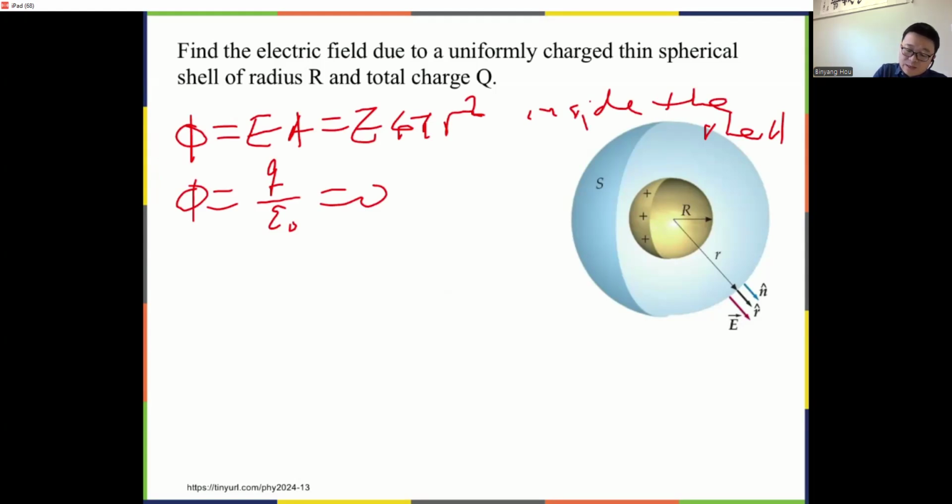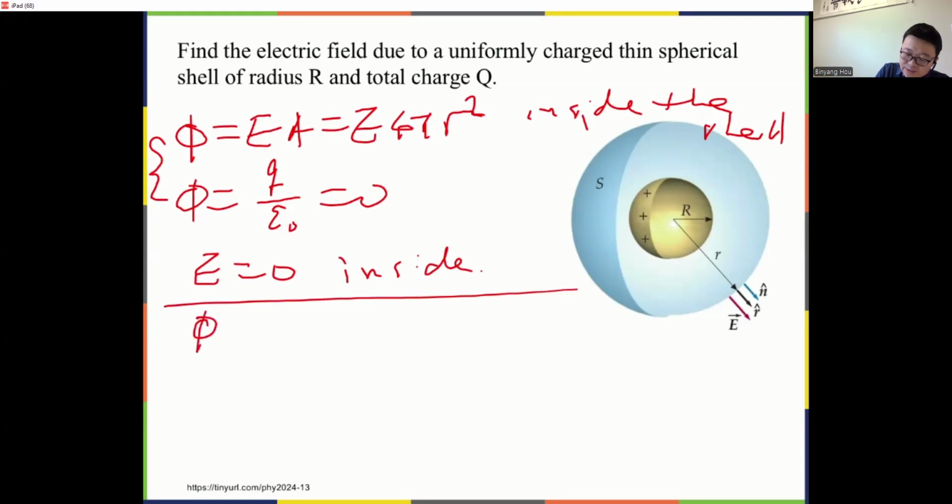So combining these two, E field equals 0 if you are inside. If you are outside, you can draw a spherical Gaussian surface like this. This will be similar to what we saw earlier. You do the two ways of calculating flux: E times 4 pi R squared, and the flux will be equal to the total Q over epsilon naught.